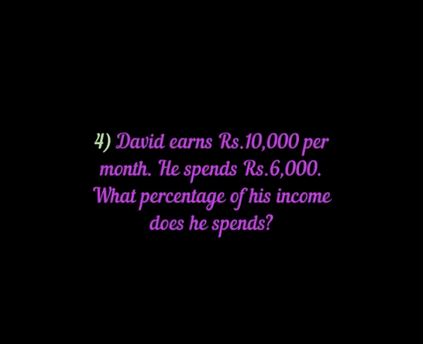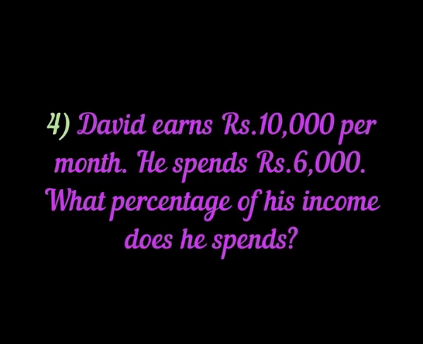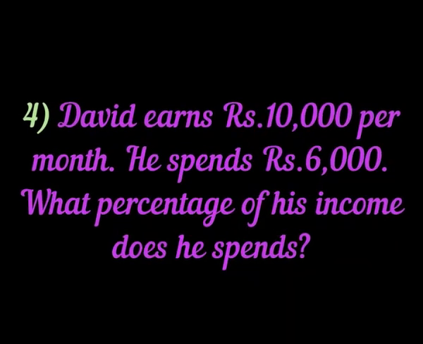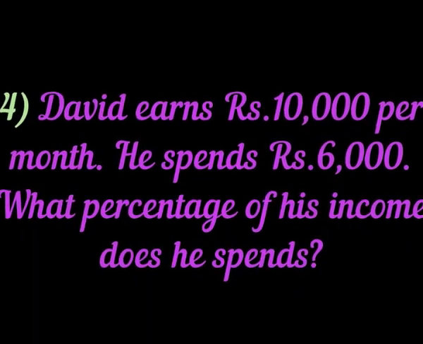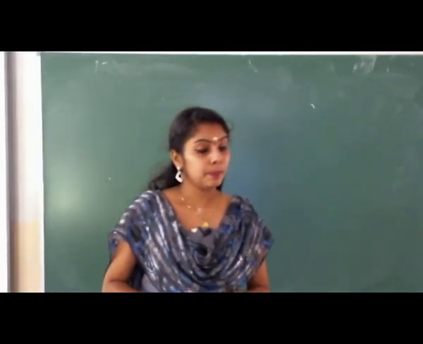Okay. Fourth question. David earns rupees 10,000 per month. He spent rupees 6,000. What percent of his income does he spend? So, what's the first step?